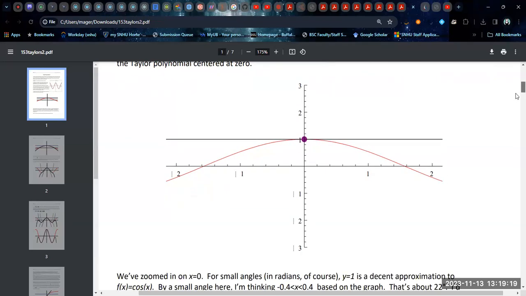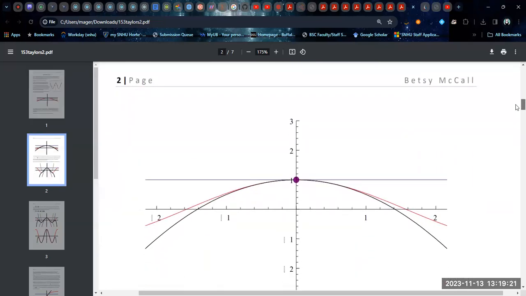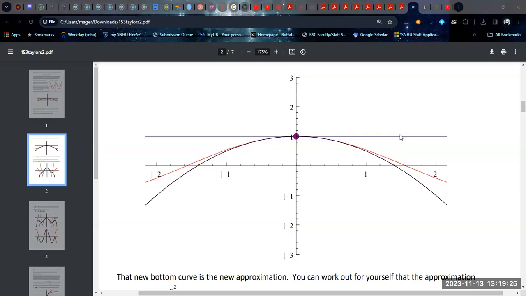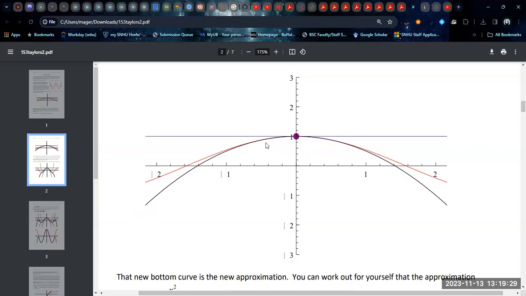So let's add in a second term. Here the blue line is our 1, and the black line is our 2-term cosine approximation. This is our quadratic approximation. Again, you can see that it does deviate eventually from the path of the cosine function, but it stays much closer, much further away than it was before.